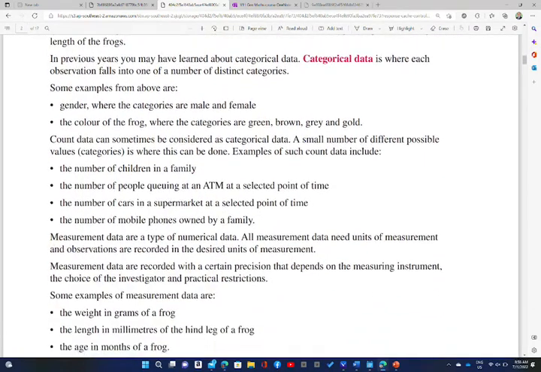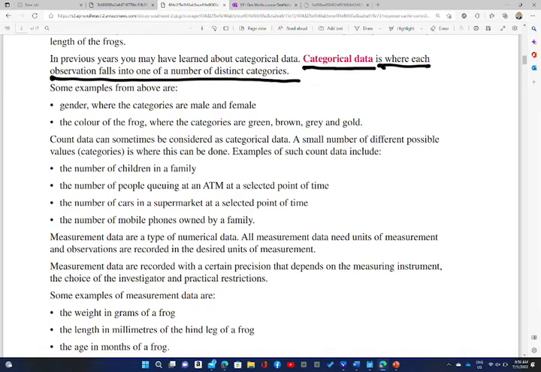So the first thing we want to talk about is something called categorical data. It's where every observation falls into a number of distinct categories. So those categories that you saw, that first column in the purple chart, the sex, the color, the distance, etc., those are categories of data.